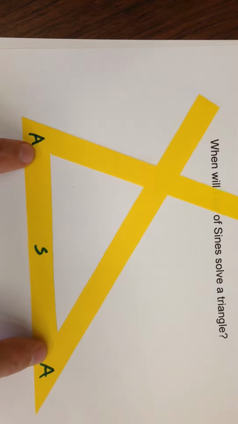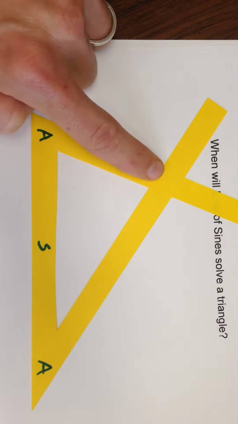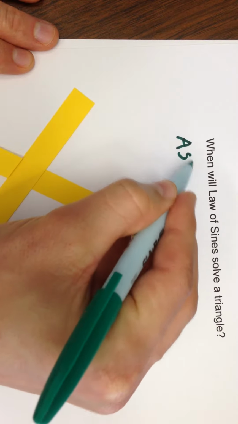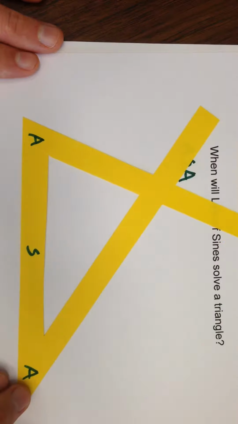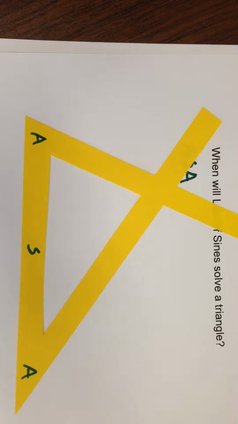So the first answer is, if you should happen to have angle, side, angle, you're going to use the law of sines to come up with these two side lengths and that angle.